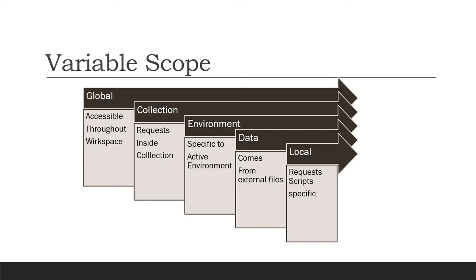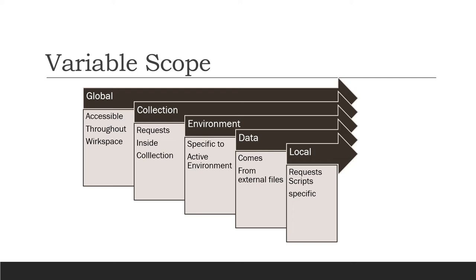Like in our last video, we created a group of API requests inside a collection, so those APIs will get access to the collection variable. Then we have environment specific variables. These are specific to environment configurations like prod, staging, and dev environments, and those variables will be accessible to that particular environment only.